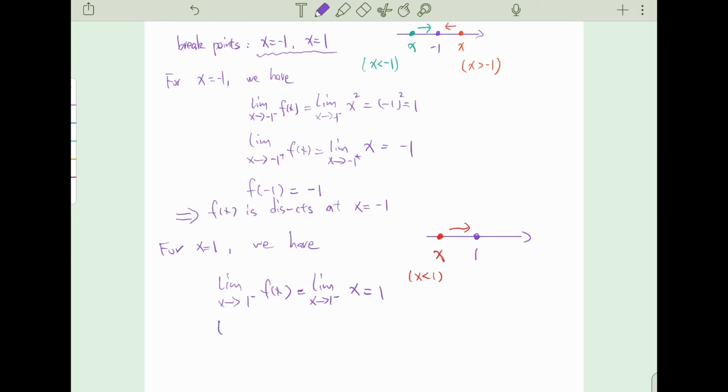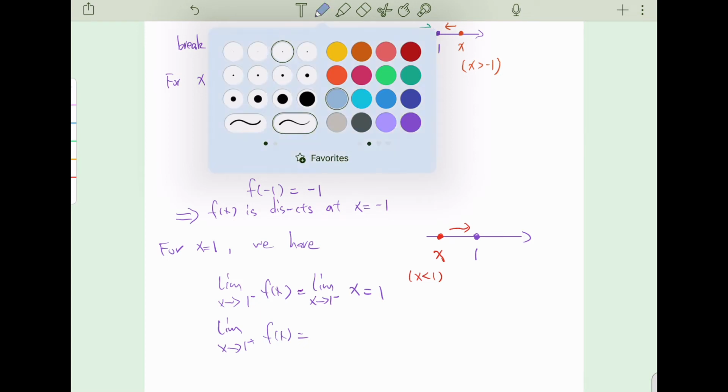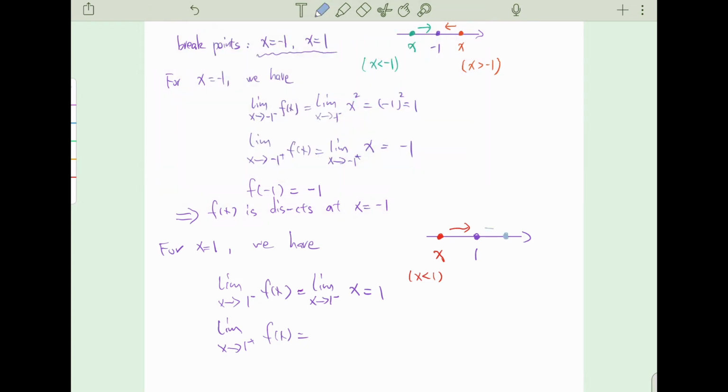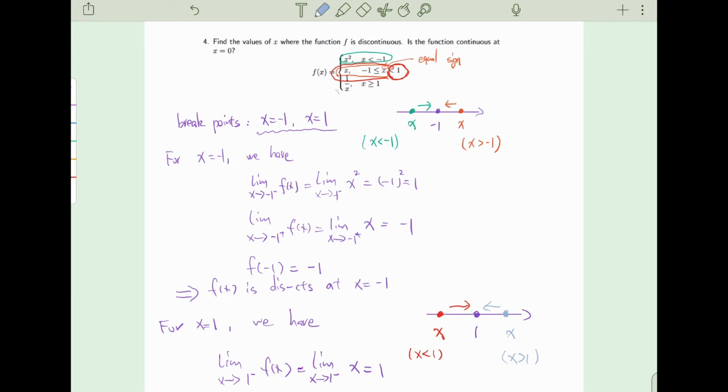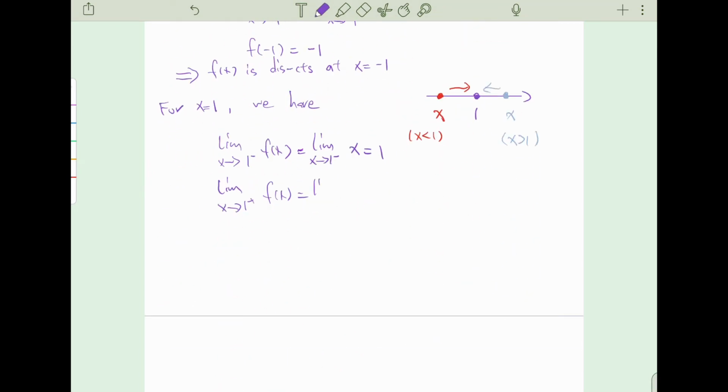For the right limit, do the same thing. Now choose a point, maybe this time the gray point here, gray x, which is greater than 1. Greater than 1, you're gonna choose this gray expression, this one here, 1 over x. Okay, 1 over x, plug in 1.